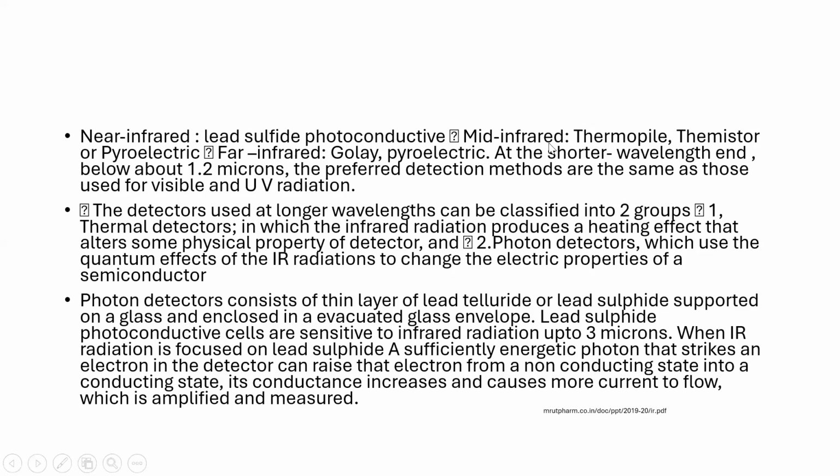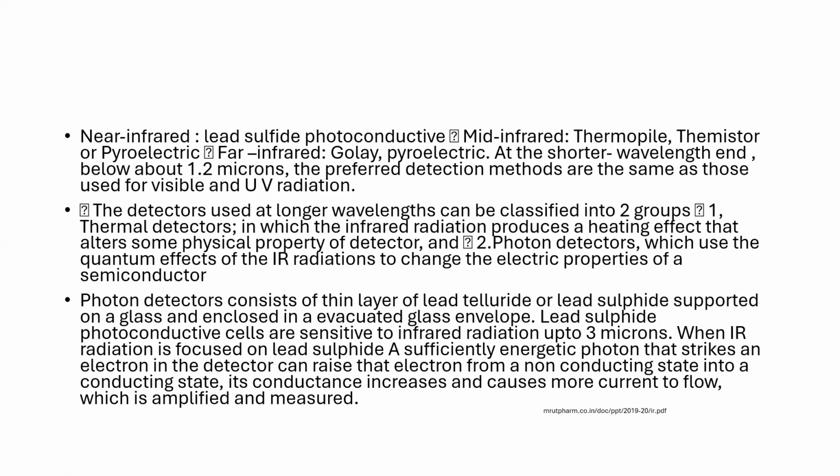For mid infrared, thermopile, thermistor or pyroelectric is used, and for far infrared, pyroelectric again is used. At shorter wavelengths, about 1.2 micron, the detection method is the same as that of UV visible. In UV visible, we will go into details in some next lecture, such as thermo detectors.